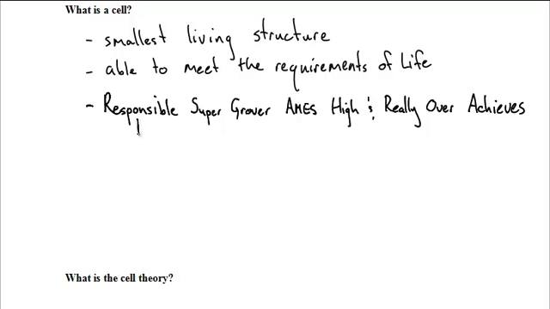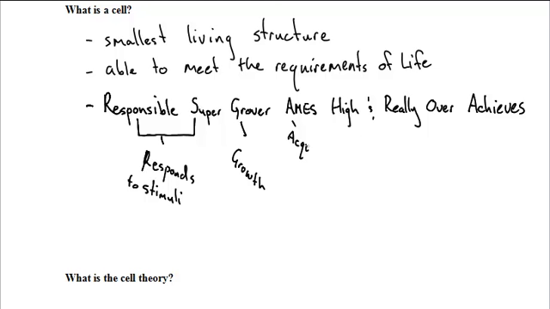And of course, this is just a mnemonic, so what does it really represent? Responsible super Grover responds to stimuli. Grover for growth. Aims for acquires materials and energy.